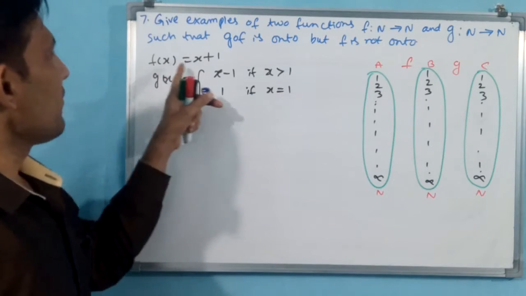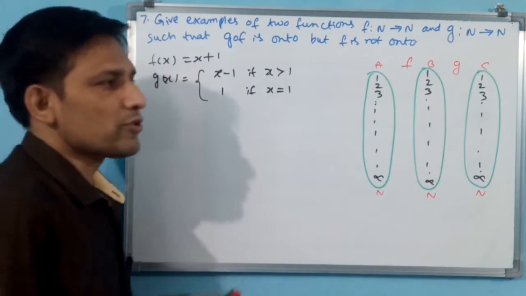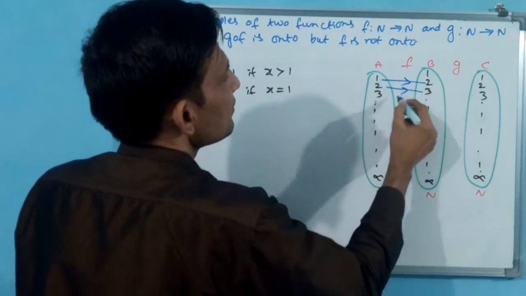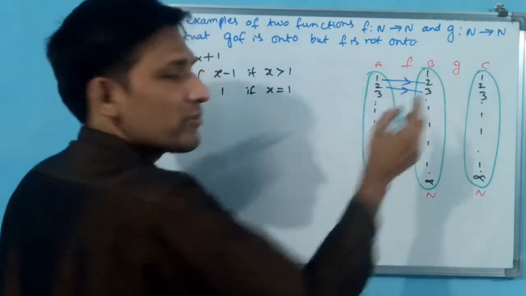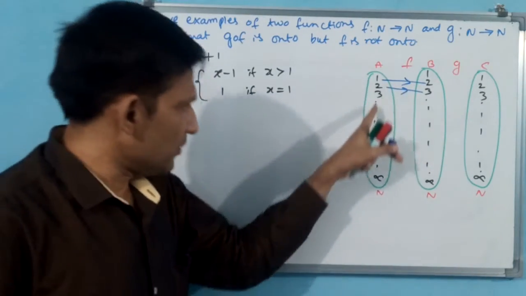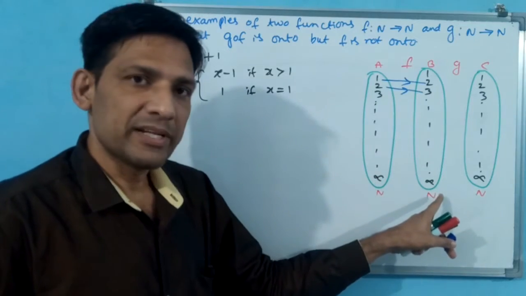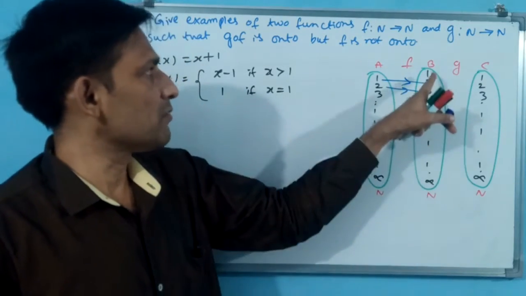So f of x is equal to x plus 1 means what is going to happen? See, 1 has a relation to 2 only, 2 has 3 only, 3 has 4. Then 1 is going to be left out. Up to infinity, all have a connection, but this one is left.